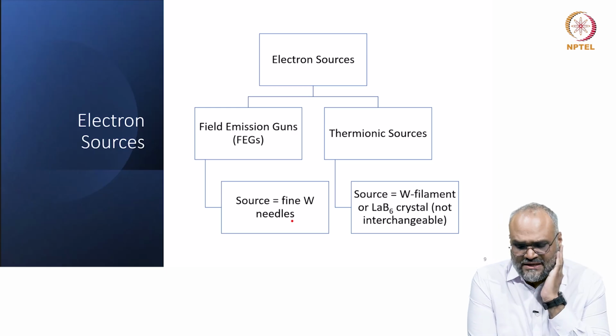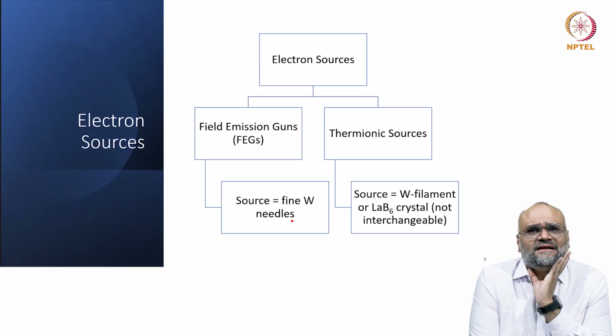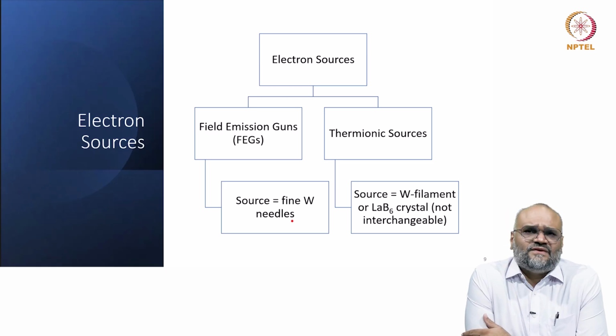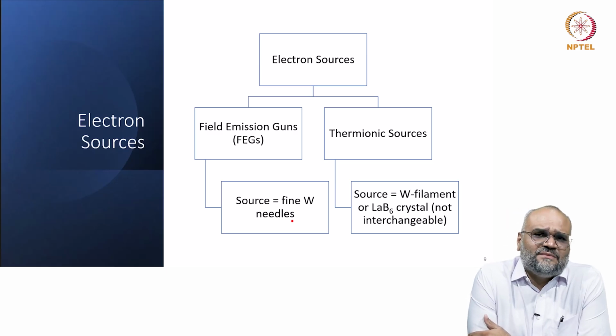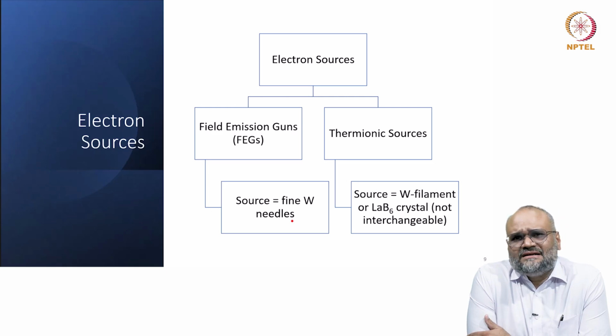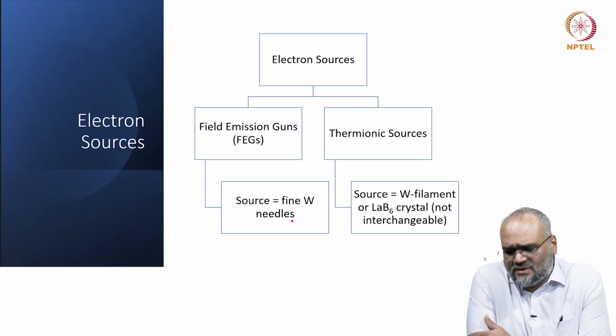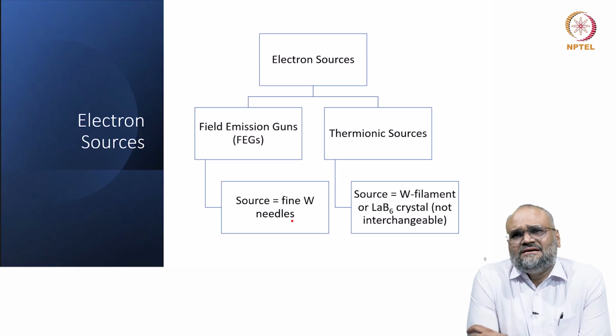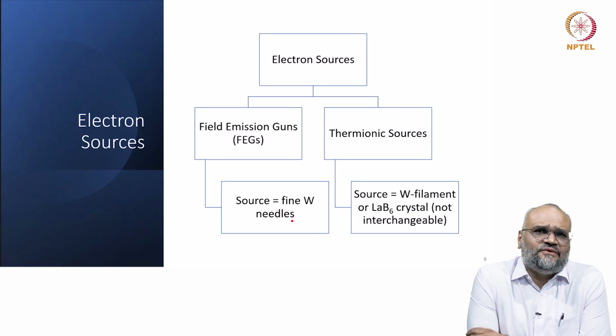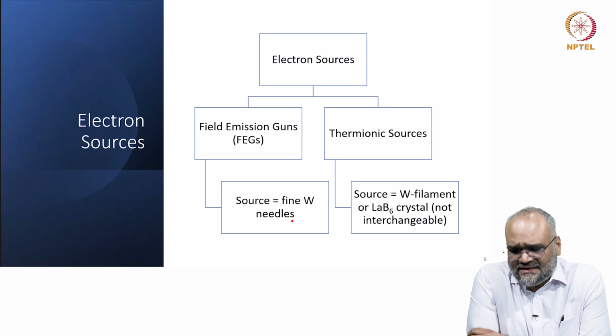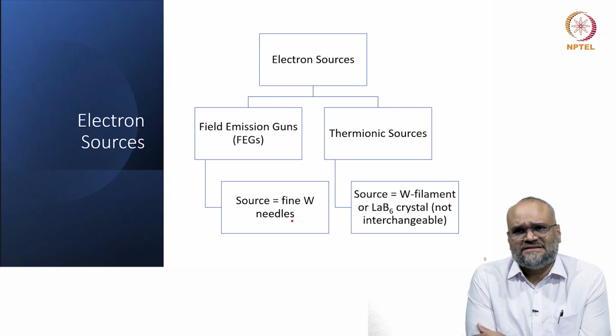Now, the difference between a thermionic source and a field emission gun is that the construction of a thermionic source is very simple and similar to that of an incandescent bulb. You do not need extremely high vacuum to run a thermionic emitter. So most common, easy to use microscopes for low voltage imaging typically rely on thermionic sources, also where you need high throughput imaging.